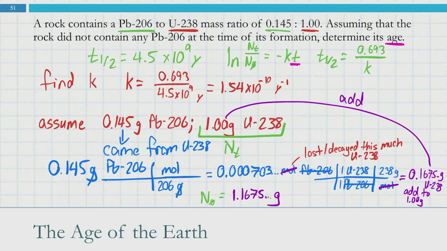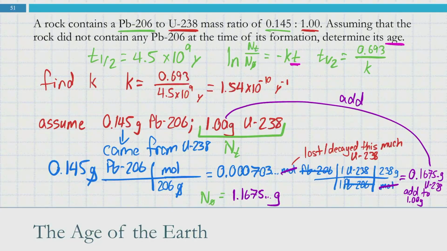So what we were calculating here, we initially had no lead-206. That lead-206 entirely came from uranium-238. That means if we can figure out how much uranium-238 it took to make this amount of lead-206, we can figure out how much uranium-238 we lost. So that's what we did this whole bottom line calculation for.